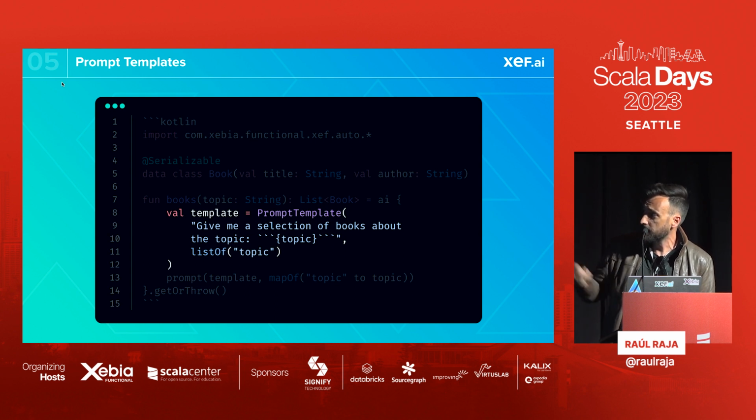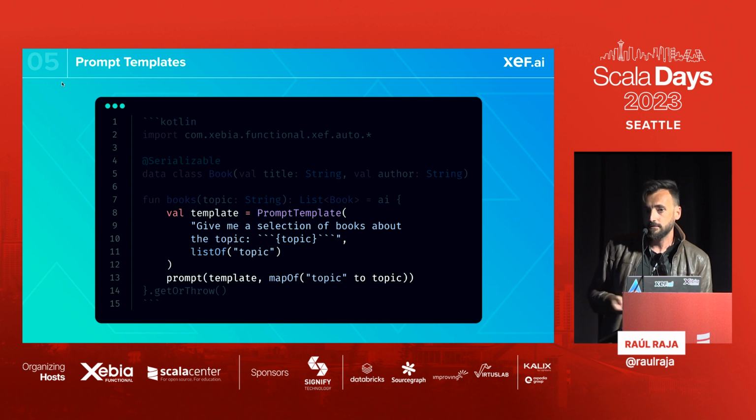In this particular case, we can just say, okay, here is a prompt with a topic variable, and there's an input variable that it expects we pass through. So whenever we invoke the prompt, we can pass in the template, but also a map of keys to models that need to be replaced in the template whenever it's going to invoke the LLM.